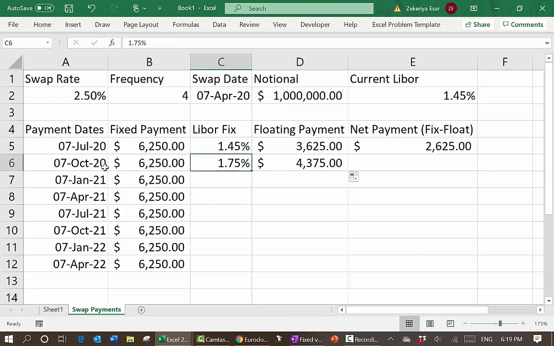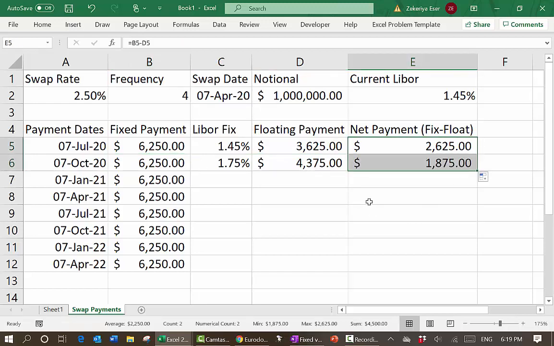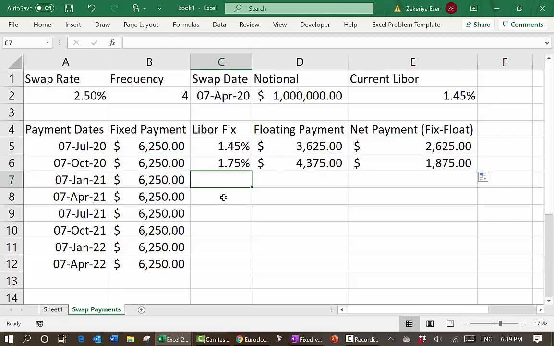That rate applies to October 7th. You are to be paid, since you are receiving the floating, $4,375. You're paying on the fixed side $6,250. So on net, you're going to pay $1,785.